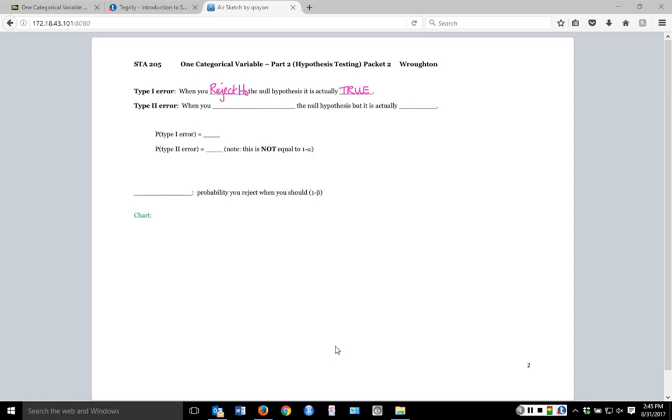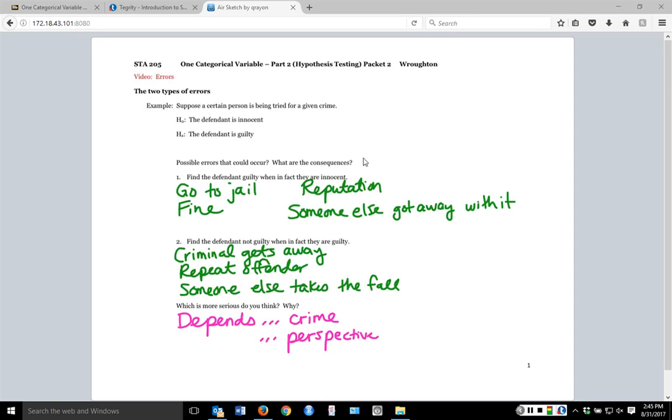So that would correspond to our example up here. If I reject the null hypothesis, that means I'm going to believe my alternative. That means I'm going to find the person guilty. But when the null is actually true, they're actually innocent. So that's exactly what the first one is. I find the person guilty, I've rejected the null, but the null hypothesis is actually true.